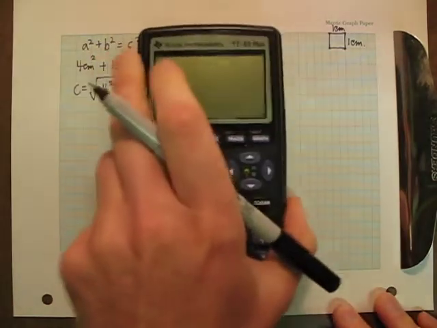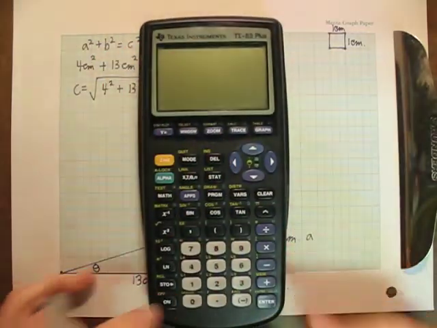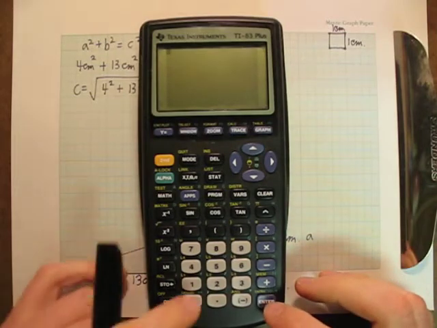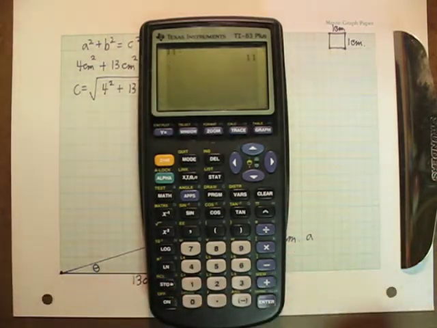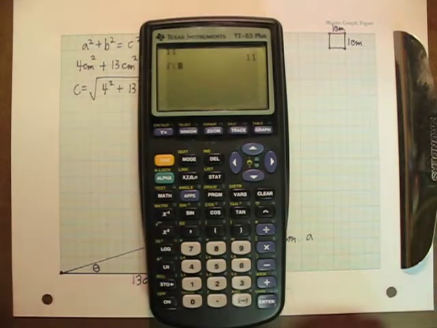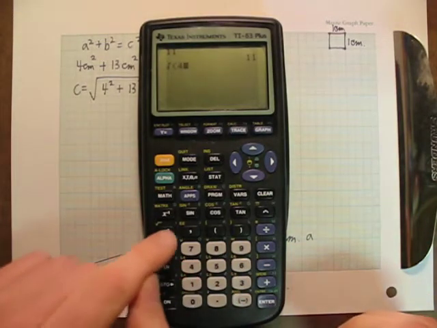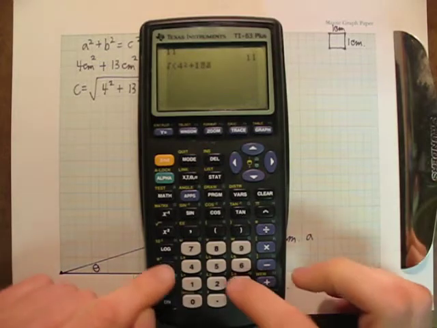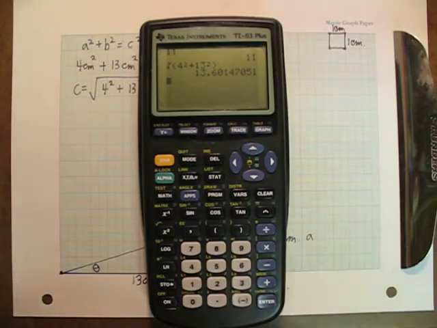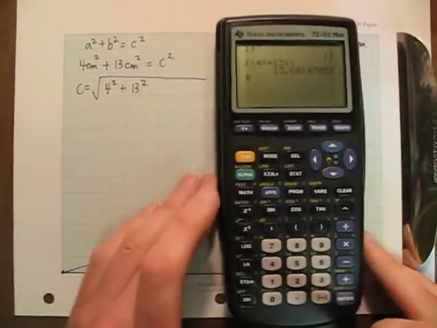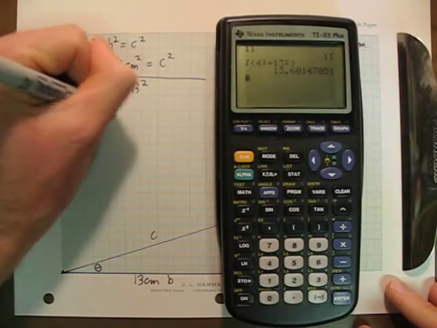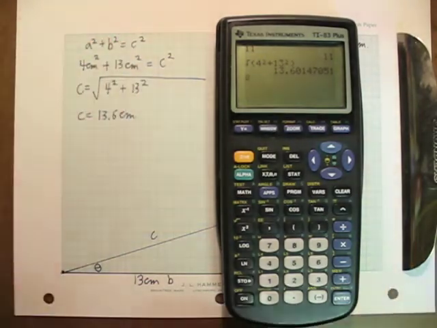I'm going to get out my calculator and do this all on one line. You can see I go second, square root button, and I do 4 squared plus 13 squared, close the parentheses, and I get 13.6. So c equals 13.6 centimeters.